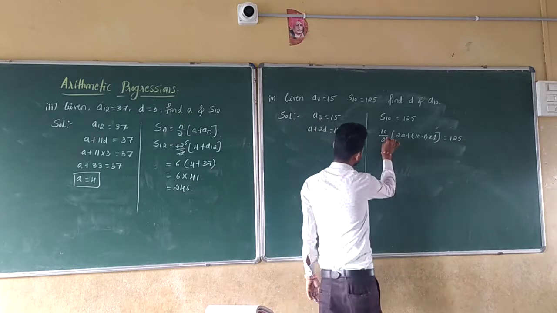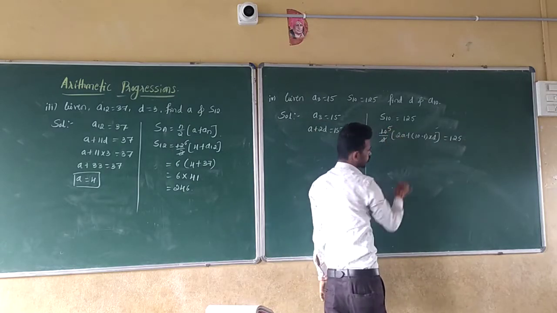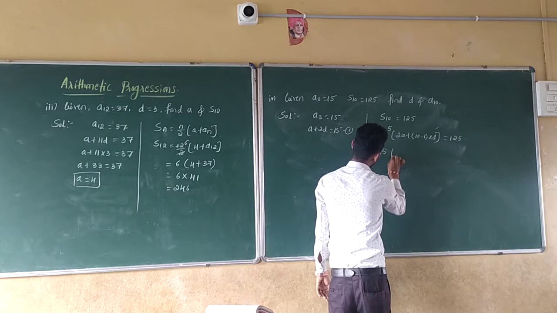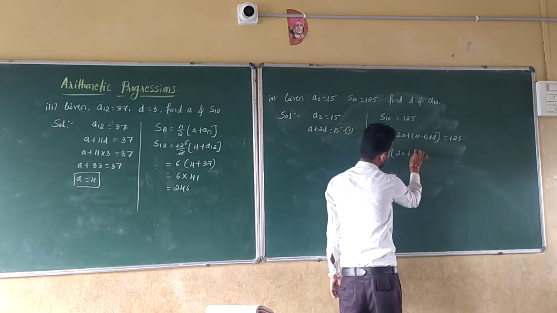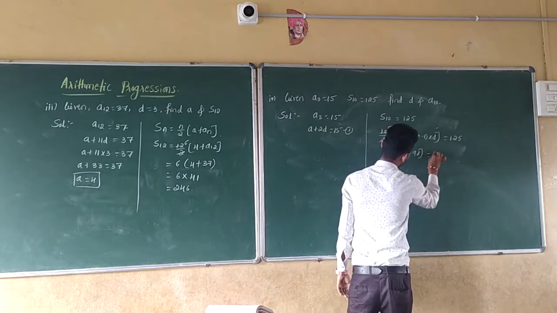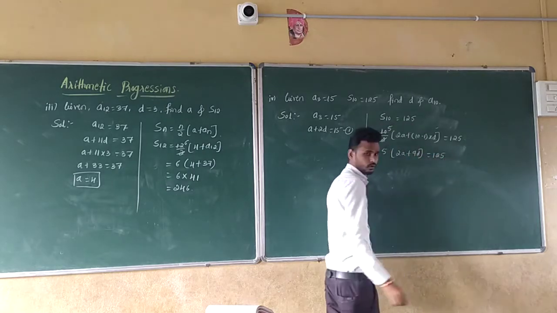Now here, 2 ones are 2, and 5 twos are 10. So 2a plus 9 into d, that is 9d, is equal to 125.